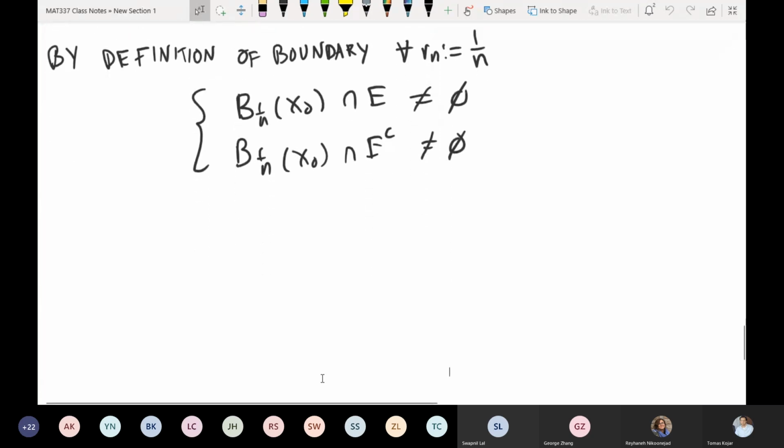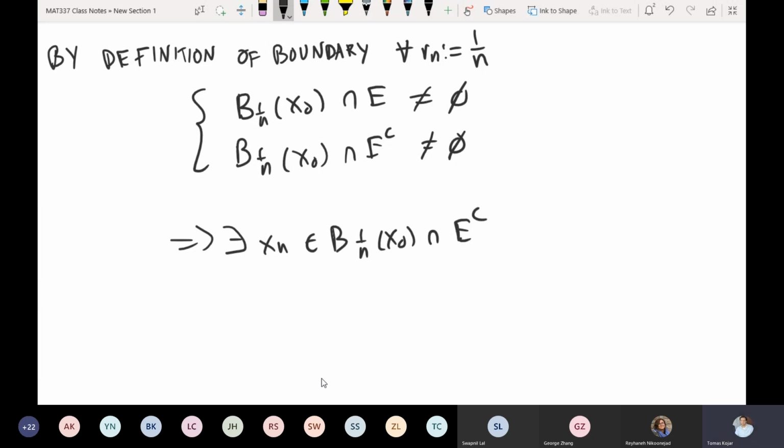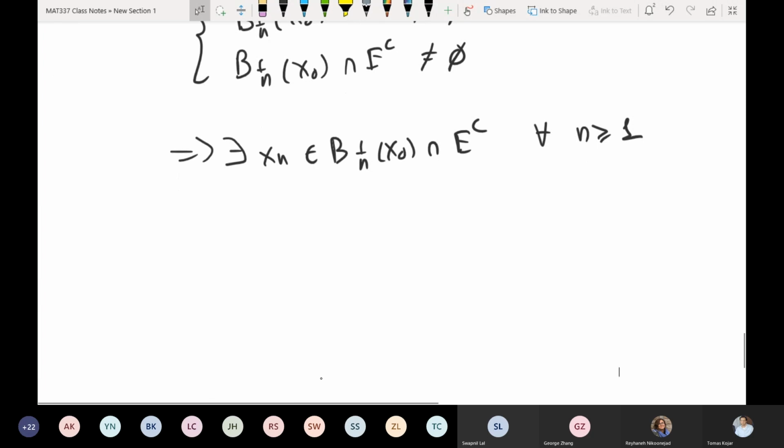In other words, there exists Xn in B of 1 over n at x naught and E complement for all n. Any questions? Okay.